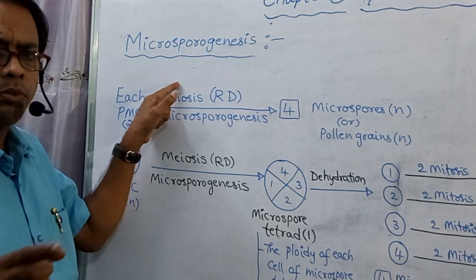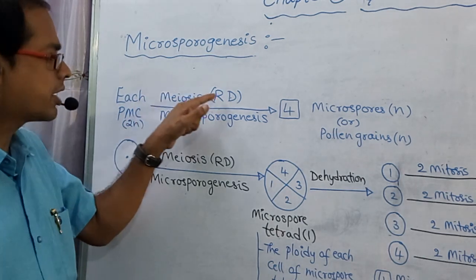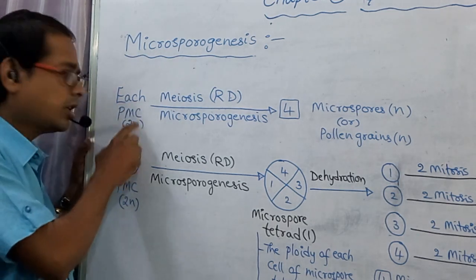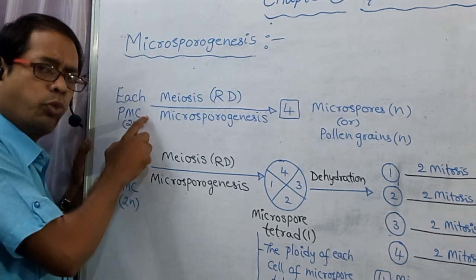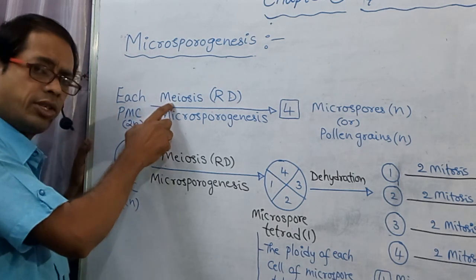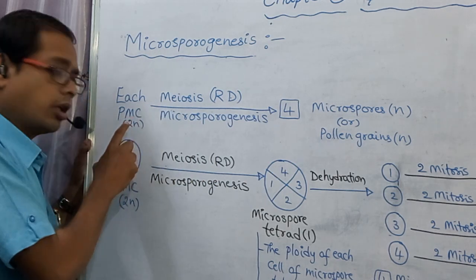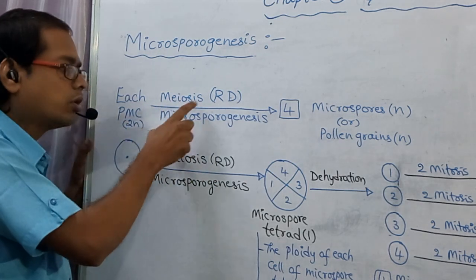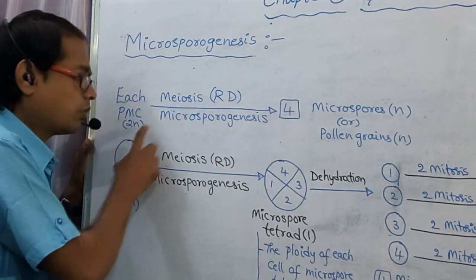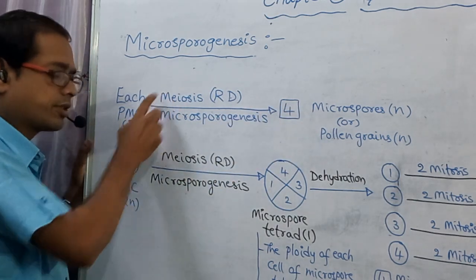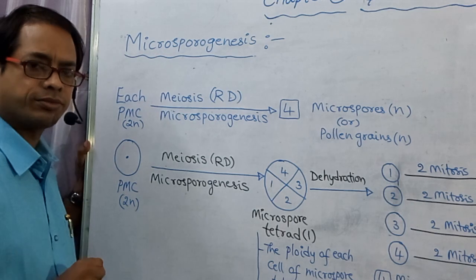Meiosis. Meiosis is also called reduction division. See how many pollen mother cells are there here? I said 1 pollen mother cell, 1 meiosis. Number of microspores formed 4. PMC is to microspores 1:4. PMC is to meiosis 1:1.